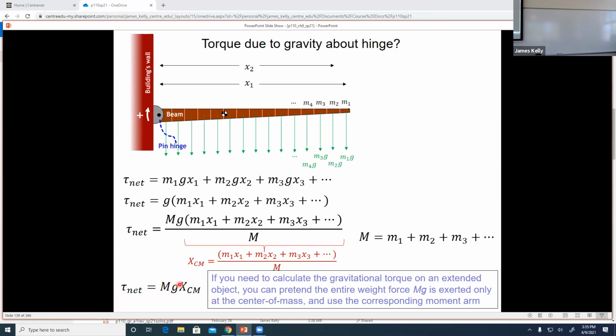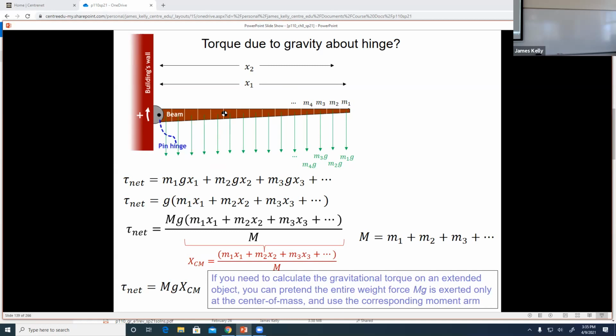It's as if the weight of the entire beam, that's the total mass times g, is being applied at this point. I can pretend that total force, even though the force is being applied all across it, is all being applied here. And this x center of mass is the corresponding moment arm in that case.